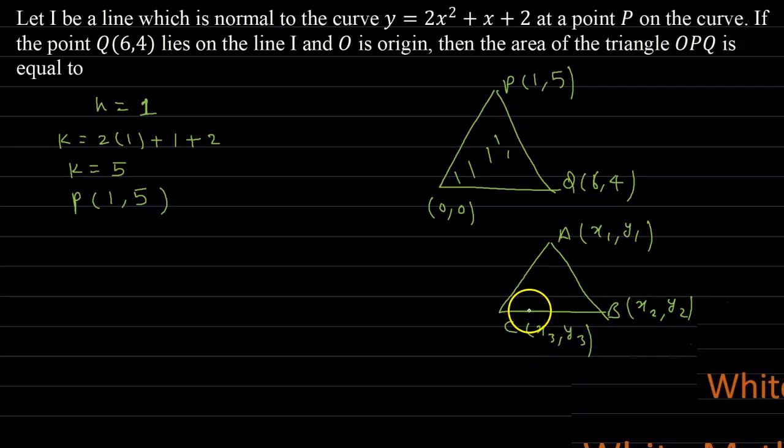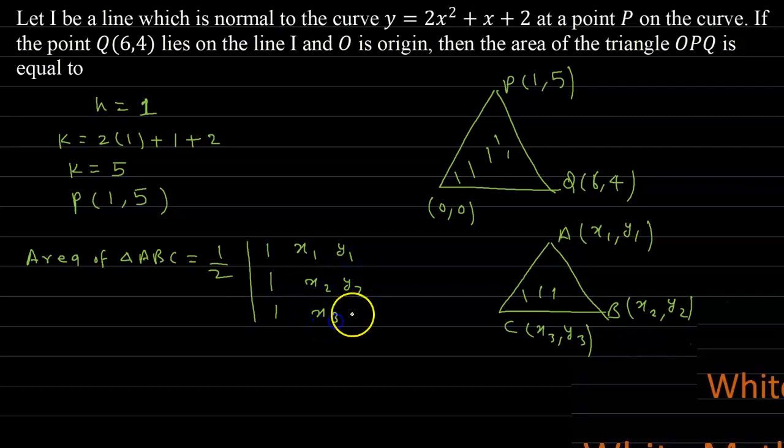Now the formula for finding the area of this triangle is: area of triangle ABC equals 1/2 times the determinant with rows x1 y1 1, x2 y2 1, x3 y3 1. This is a 3 by 3 determinant. So this is the formula for finding area.